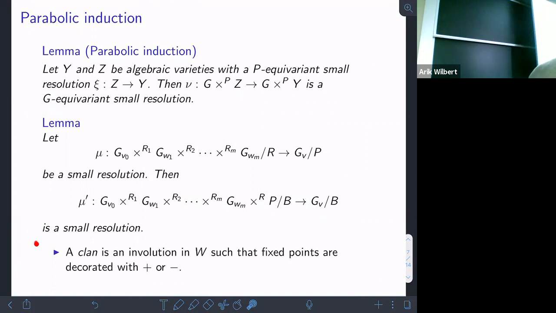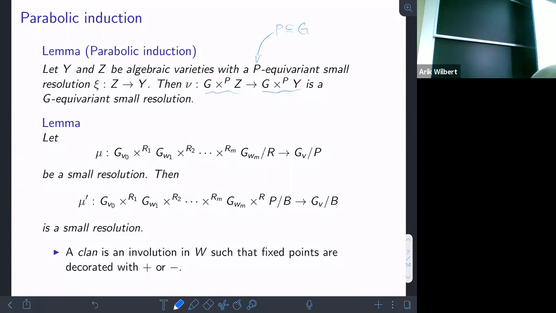Given two algebraic varieties with a P-equivariant small resolution, where P is a parabolic subgroup in the complex reductive group, if Y and Z have an action of P and the small resolution is P-equivariant, then you can construct a G-equivariant small resolution just by looking at this quotient product like this.